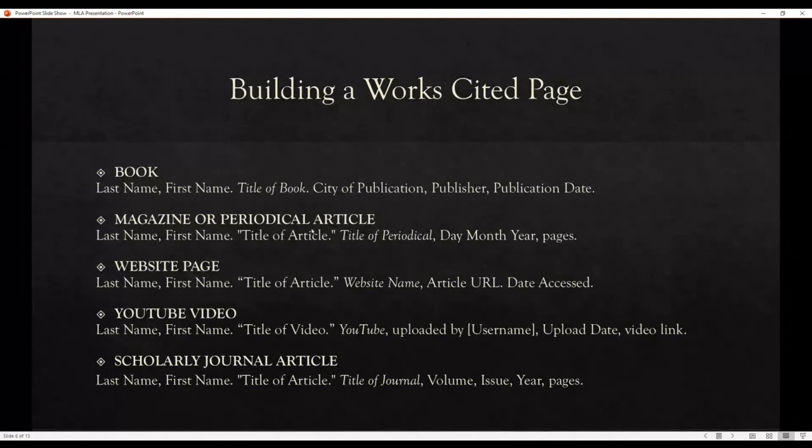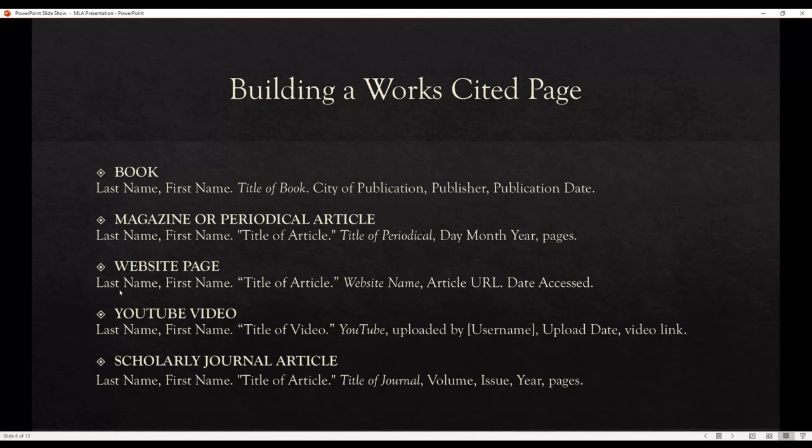For example, it might be an article from Time magazine. In quotation marks you'll put the title of the article, while in italics it'll say Time. Then you'll say the day, month, year that specific magazine was published, and the page numbers where the article can be found. If there is no day listed for the magazine, then simply list the month or year.